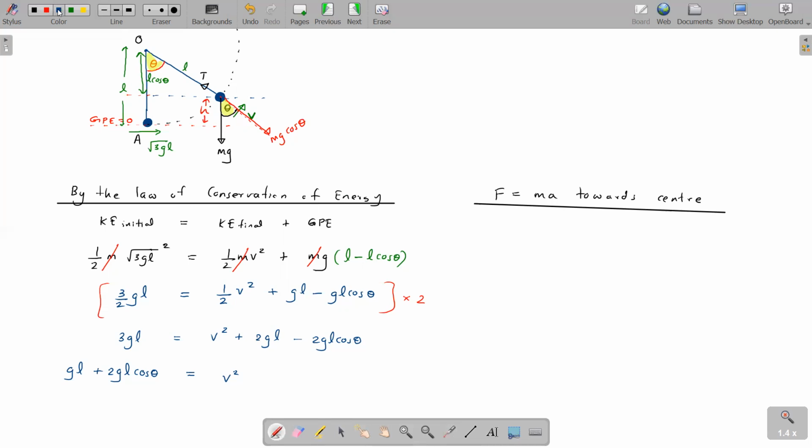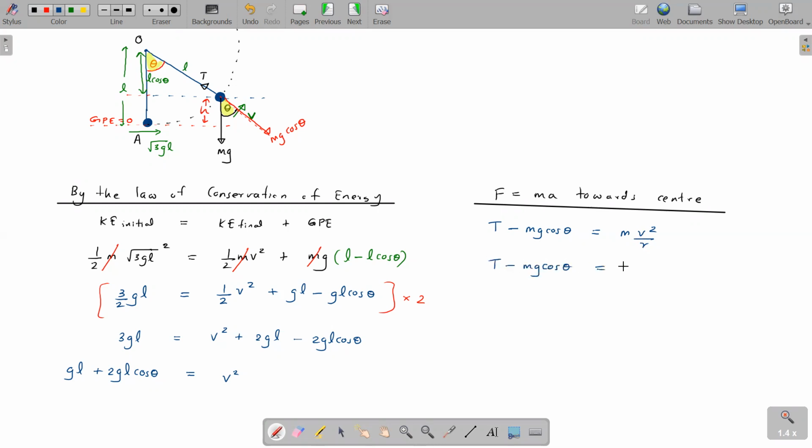Right, so we are only concerned about forces acting towards the center direction or away from the center direction. All right, so let's apply F equal MA. So we get here towards the center tension, minus mg cos theta, away from the center. Okay, so T minus mg cos theta equals, those are the only two forces we are concerned with here, so equals mass into centripetal acceleration, v square over r. Agreed?